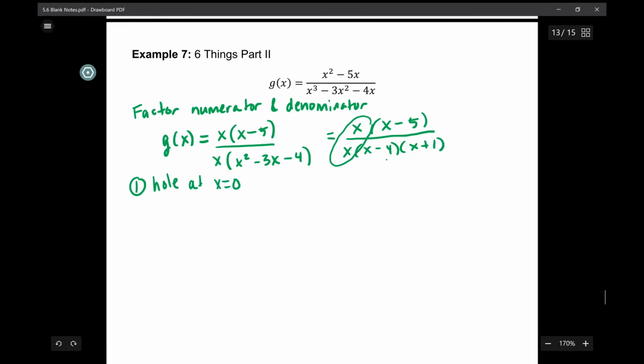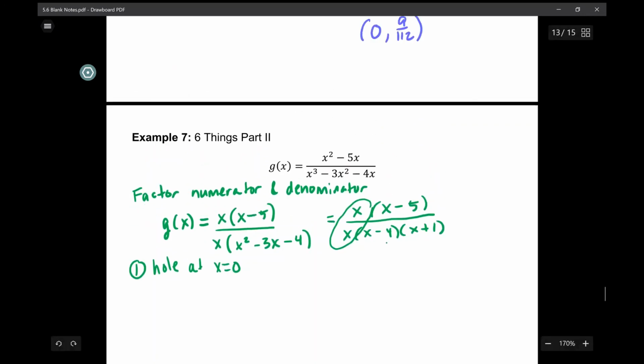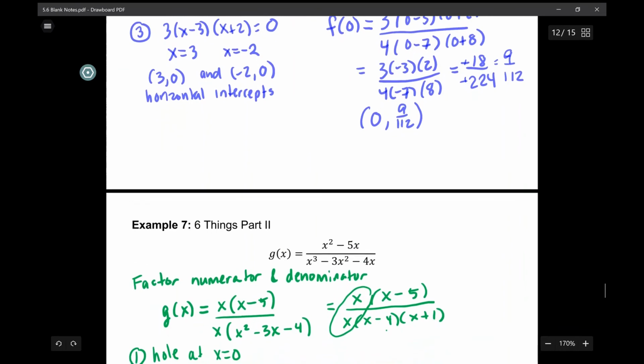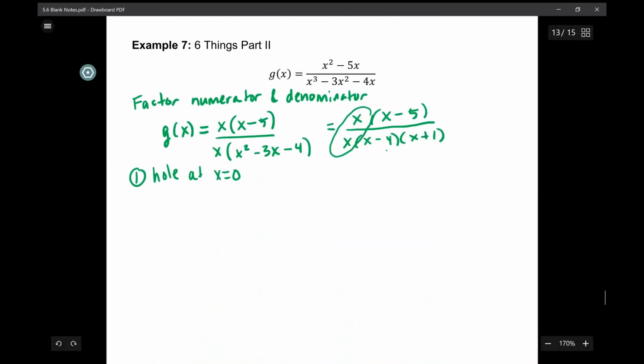All right, what's the next thing we're going to find? The domain, right? I always forget what order I put these things in. Number 2 is the domain and vertical asymptotes. Well, we know 0 is not in the domain. What else isn't in the domain? x equal to 4 makes x minus 4 equal 0, and x equal to negative 1 makes x plus 1 equal 0. So those are my vertical asymptotes.